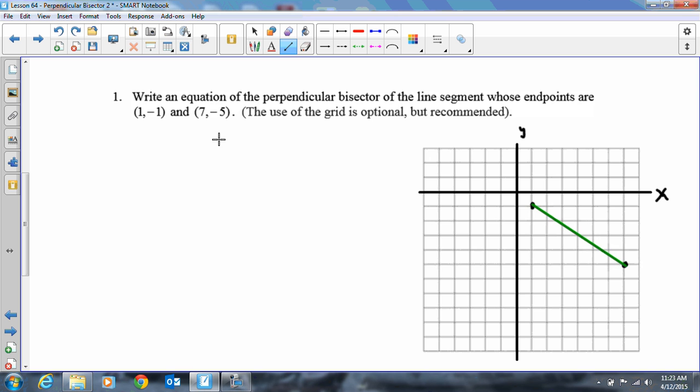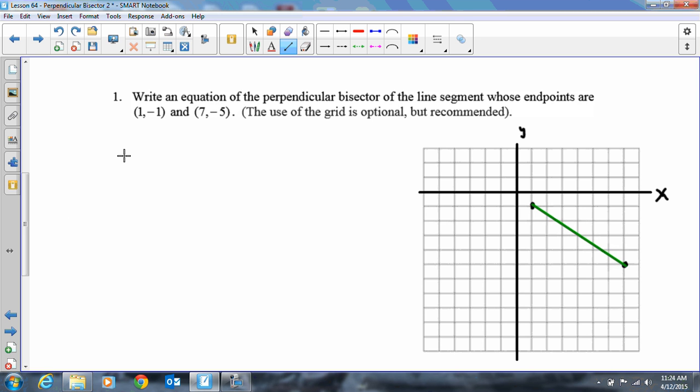You can go back and forth between doing all algebra or using the graph if you want. It's really up to you. I would suggest that you always use the graph to at least check your work as you're doing the algebra, if that's what you're going to do, or vice versa, okay?